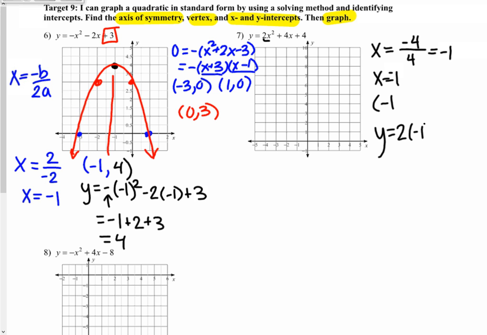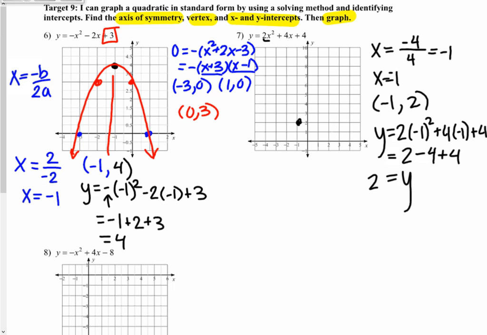So 2 times negative 1 squared plus 4 times negative 1 plus 4. Negative 1 squared is 1, so 2 times 1 is 2. 4 times negative 1 is negative 4 plus 4. So I get a y value of 2 for my vertex. So my vertex is at negative 1, positive 2.